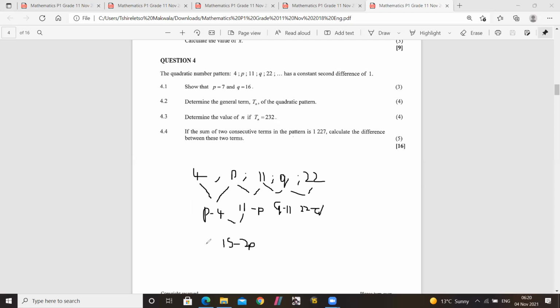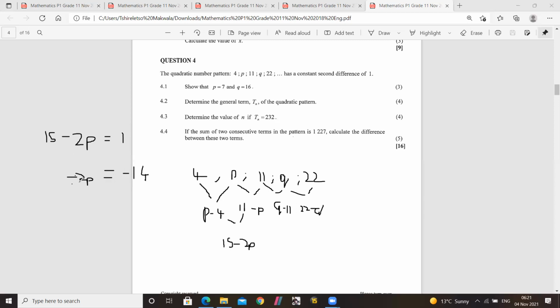So they told us the second difference is 1. So this must be equal to how much? 1, since it's the common difference. They told us that the second constant difference is 1, so this must be equal to 1. From there, you're gonna calculate P. So negative 2P is equal to negative 14.